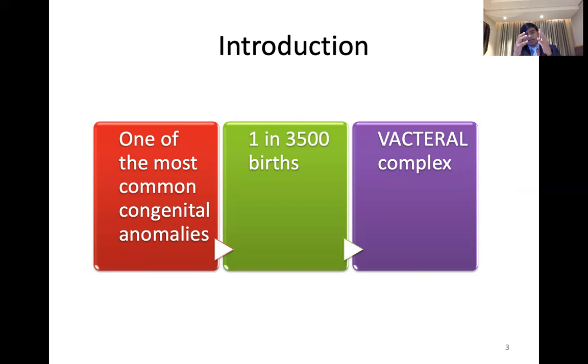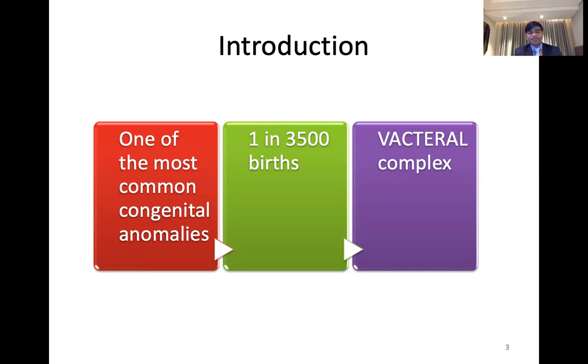Similarly, esophageal atresia is a related congenital malformation with a similar presentation to tracheoesophageal fistula, and it can occur with or without the presence of a fistula.